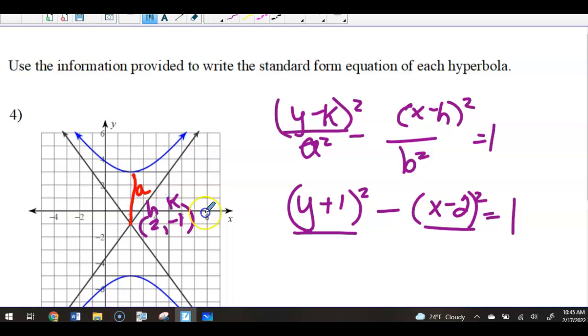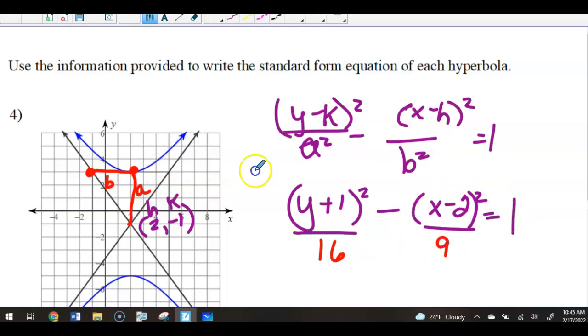So 1, 2, 3, 4, squared would be 16 down here. And b, and it's hard to tell on yours, I remember now, you told me it's hard to tell where this rectangle is. But if you count from the center up to the vertex and then over to the line, that will give you the b here as well. So that was 3, so this one's 9.